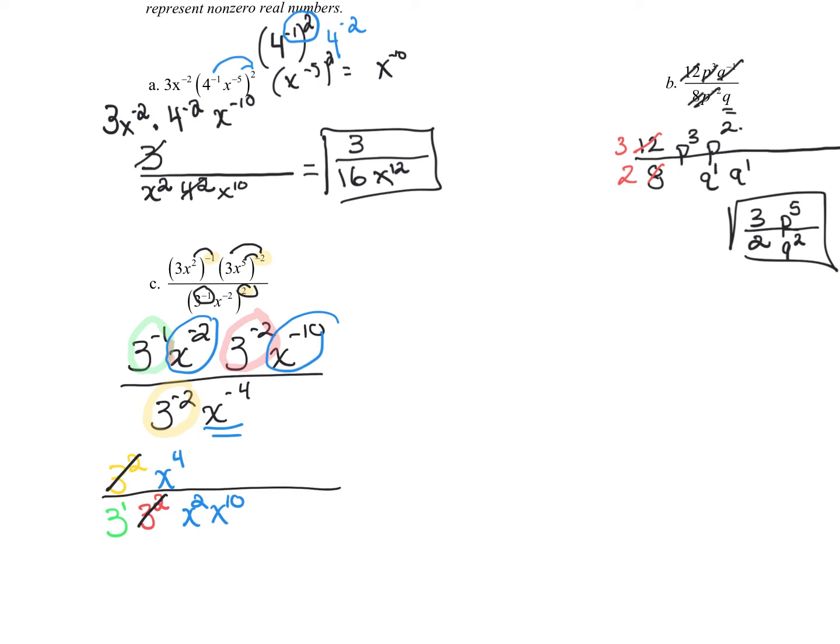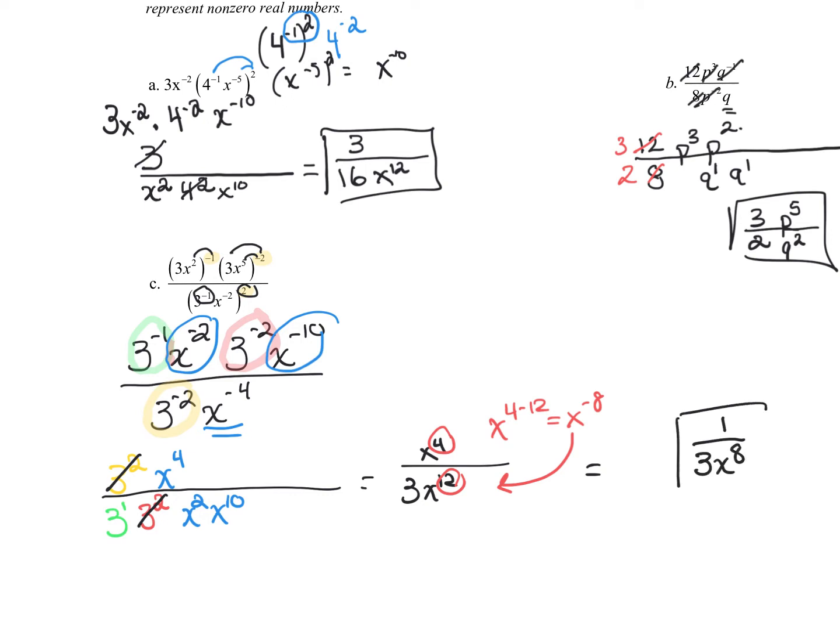So on top, I'm going to have x to the 4th, and on bottom I have 3x to the 12th. And then remember, we subtract these two. X to the 4th minus 12 is going to be x to the negative 8, so that needs to go on the bottom to be a positive. So my final answer should be 1 as a placeholder on top. You can't put nothing on the top of your fraction over 3x to the 8th.